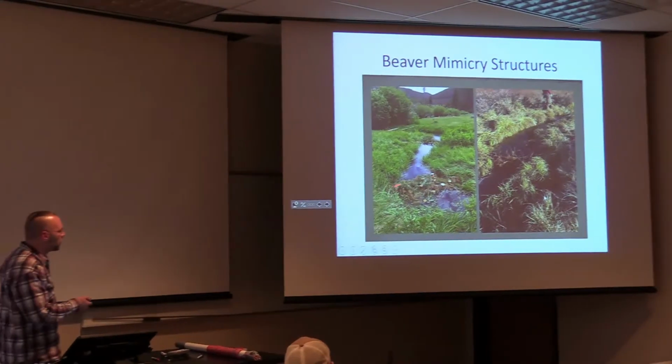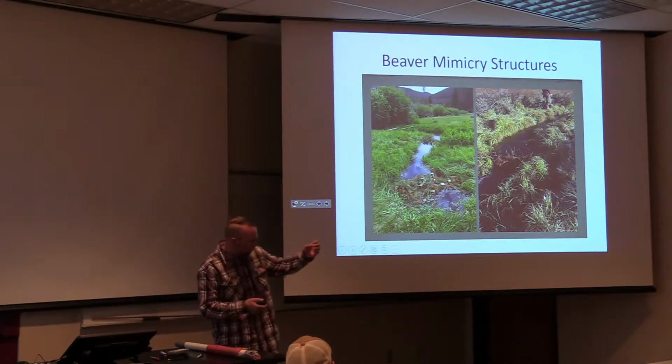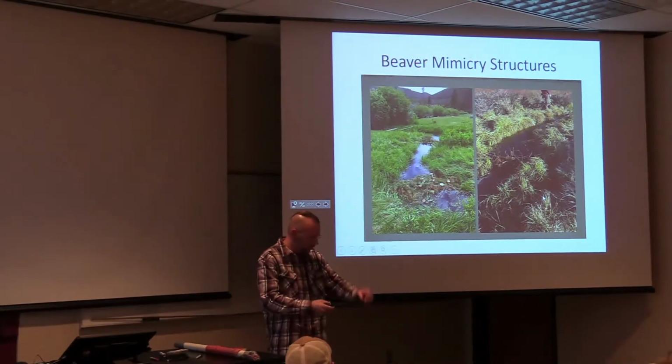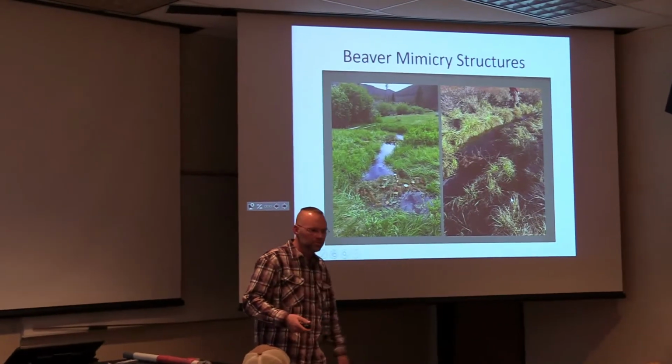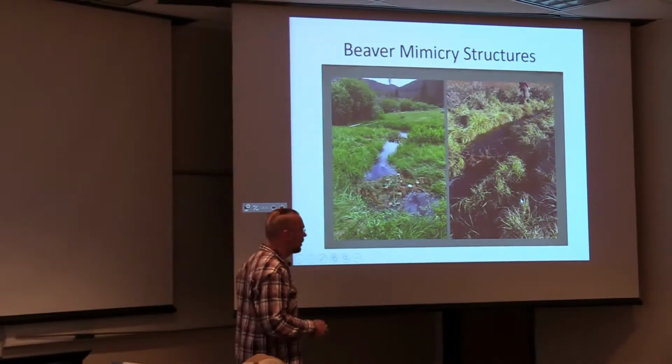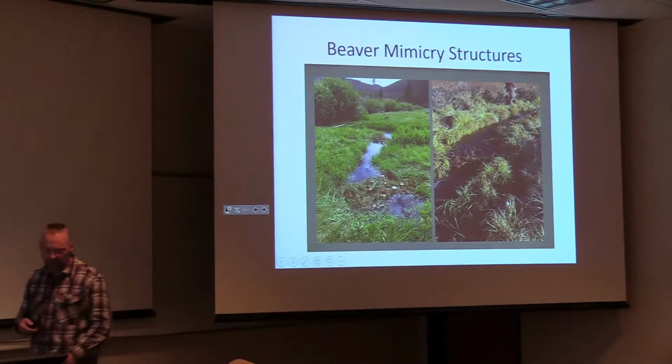These are what the beaver mimicry structures look like. At our sites, there are pretty much little lodgepole pine stumps put into the river bottom, interwoven by willows and other vegetation, maybe some mud, cobbles, stuff like that.